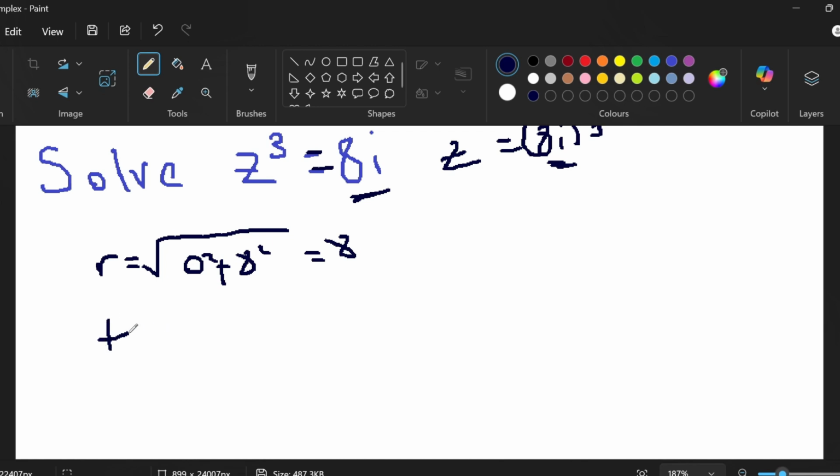And for my argument, arctan of y over x, well, hang on, I can't do this because x is 0 in this case. So I'm going to draw a little sketch of an Argand diagram, and I'm going to plot my number here. Say this is 8, and this is 0. So my complex number is here.